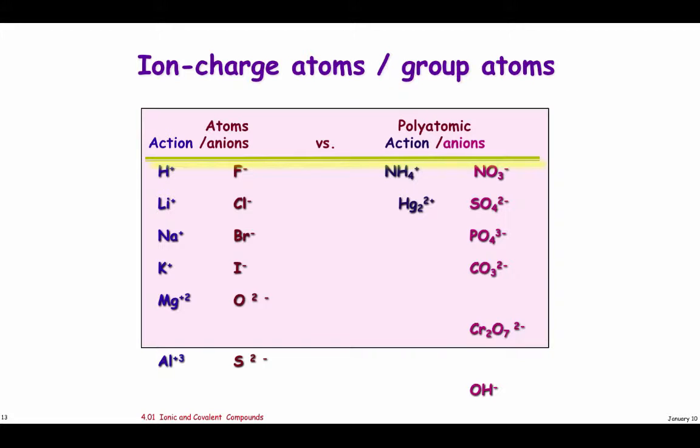And you just have to memorize these polyatomic ions. There's no getting around it. Get yourself a good list and write them down, because you will need to know what the formulas are, what the names are, and what the charges are for these polyatomic ions. And if you look at my website, you'll find a good list of polyatomic ions.